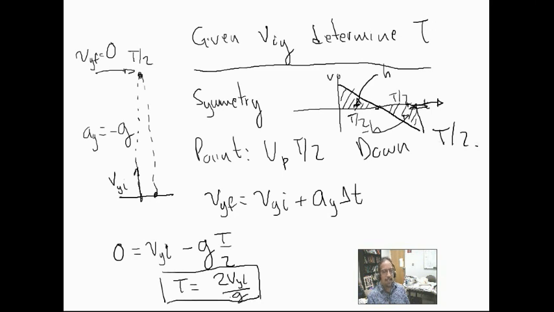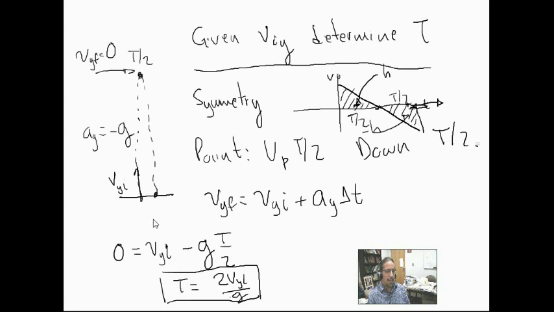Okay, there are a couple other ways to solve it, but in problems that involve going up and down, it's very convenient to use the idea of symmetry. That is our review for the first segment of Physics 111.